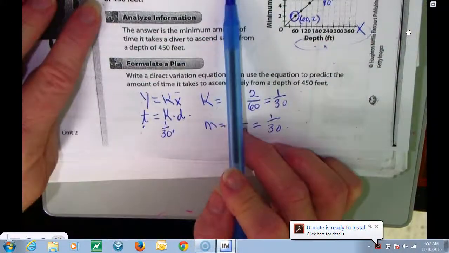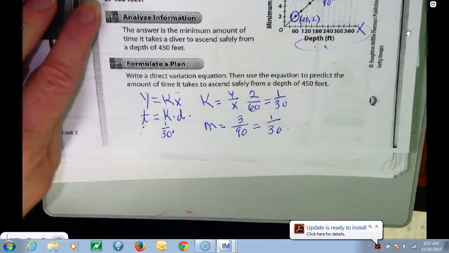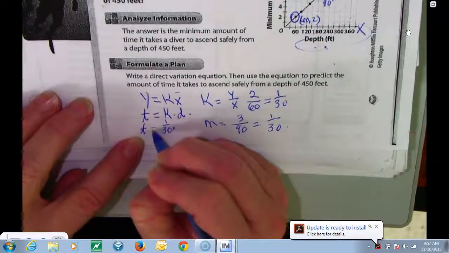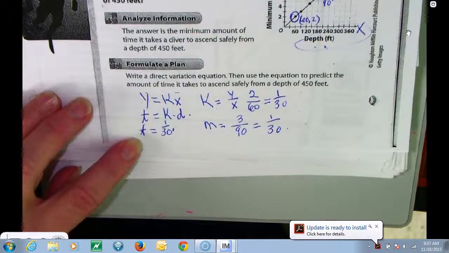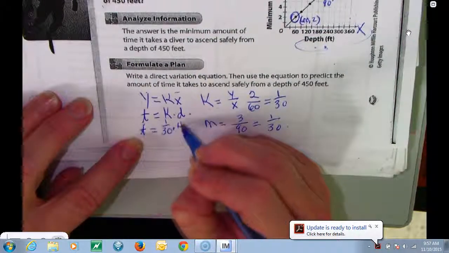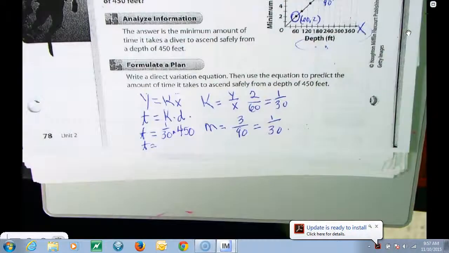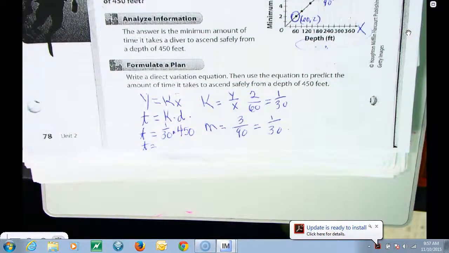Now, let's go see what they want us to find out. Which one is how long, the T or the D? T, the time. So we're trying to find T when the depth is 450. Go find it. Go find T. Kristen?